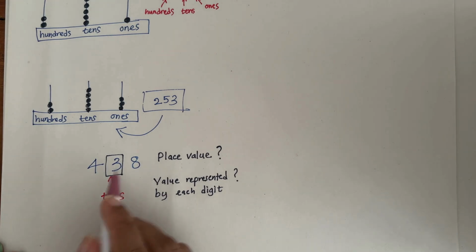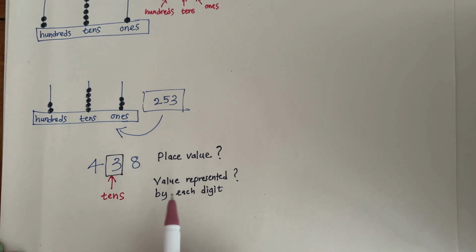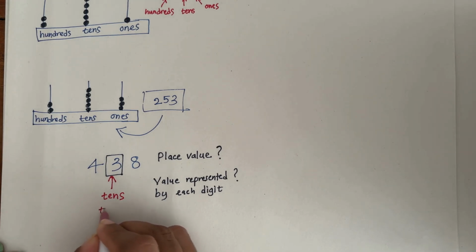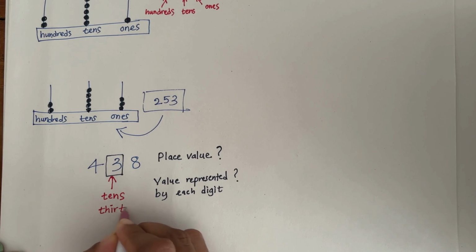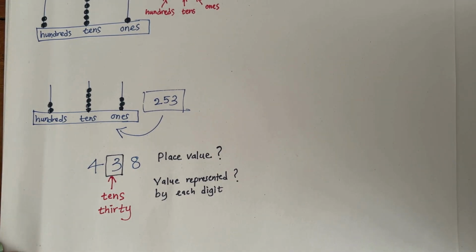Okay, the place value, tens. What is the value represented by this digit? The digit is 3, it is in tens place. So what is the value? 30. Okay, so the digit 3 is in the tens place and the value is 30.